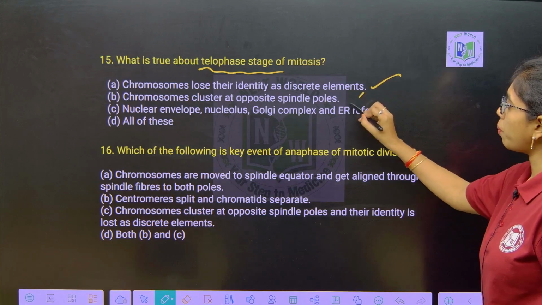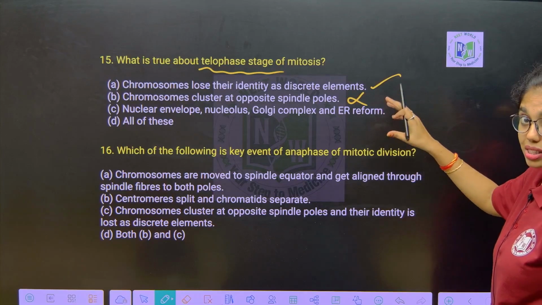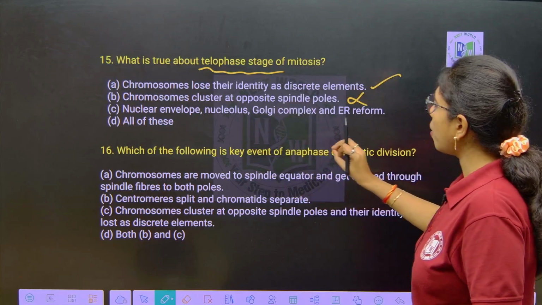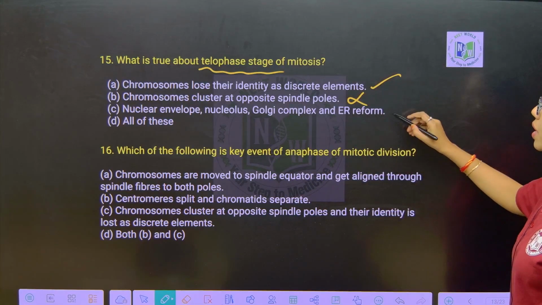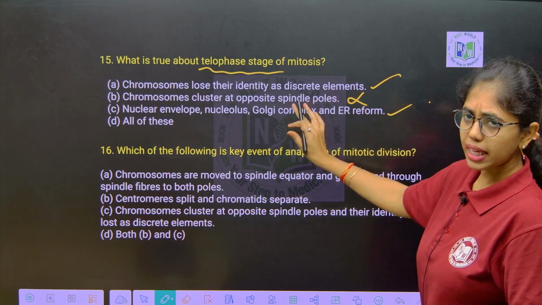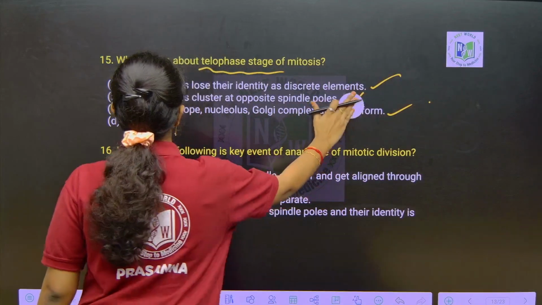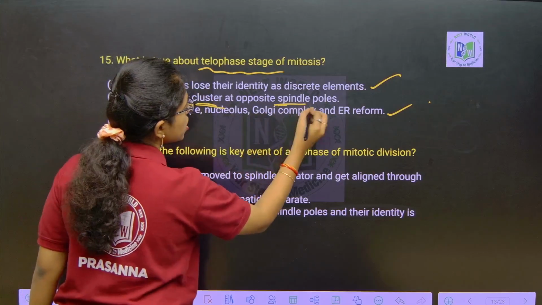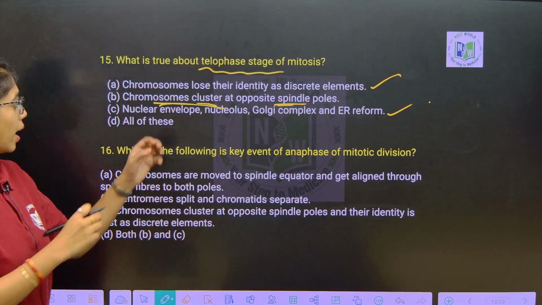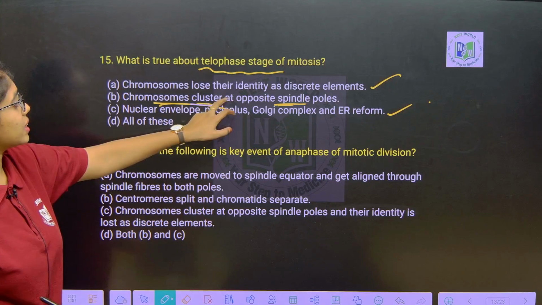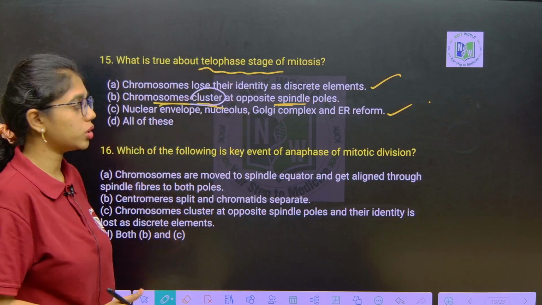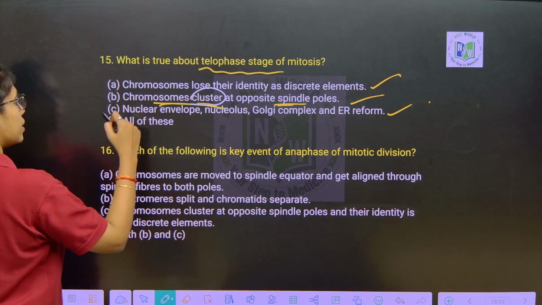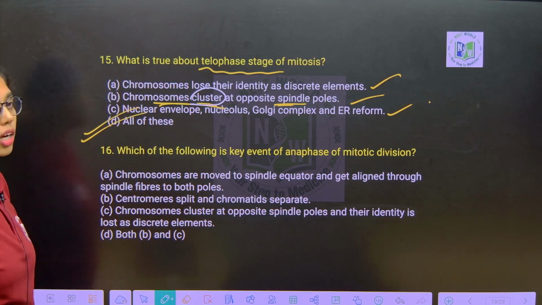Chromosomes cluster at the opposite spindle poles, no, that happens in anaphase. The nuclear envelope, nucleolus, Golgi complex and ER will reform in telophase. Looking at option B again, the clusters of chromosomes moving to the opposite poles is also true. So options A, B and C, all three are true.